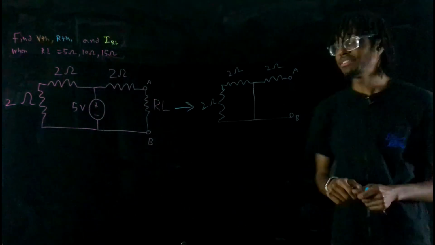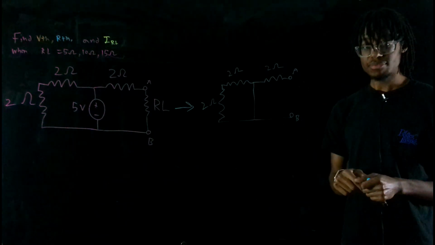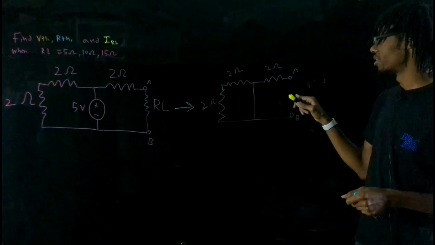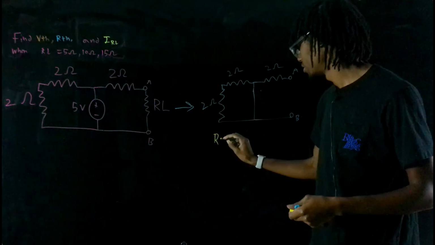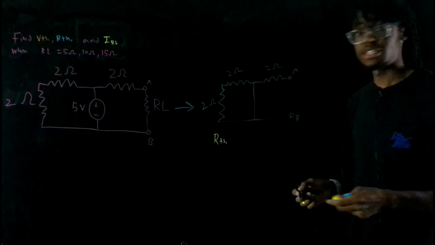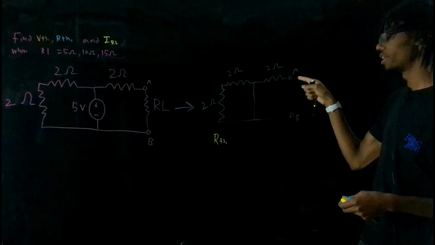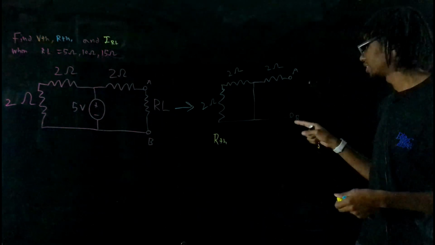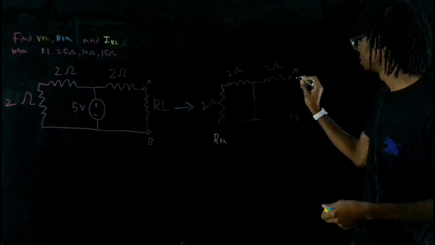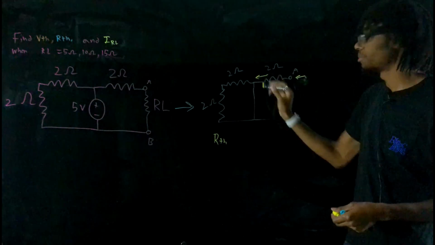Okay, so after we redraw our circuit, our next step is to decide what the R Thevenin will be. That's also known as RTH. The way that you find RTH is that you assume current is put in through the A node and it's trying to find the path of least resistance to get to the B node. So we'll start here, have current coming in, and then it has to make a decision.